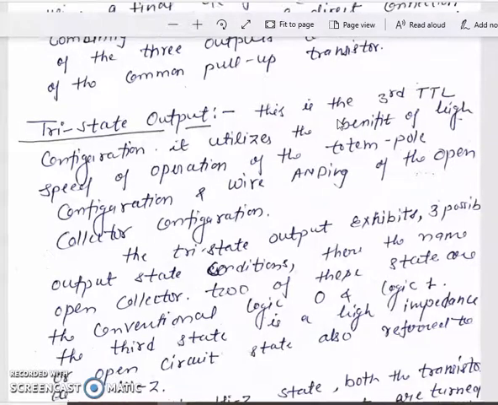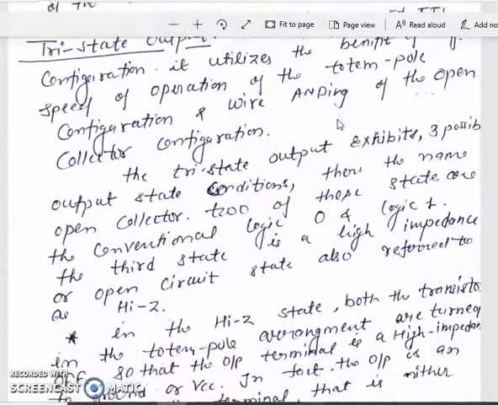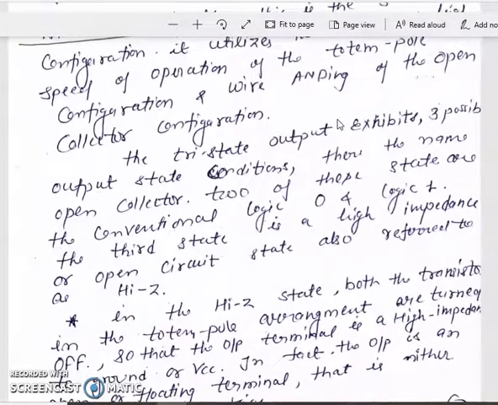The tri-state output has three possible output states. First one is logic 0, second one is logic 1, and the third state is called high impedance or open circuit state, also referred to as high-Z.